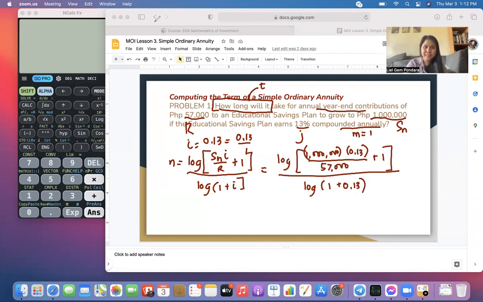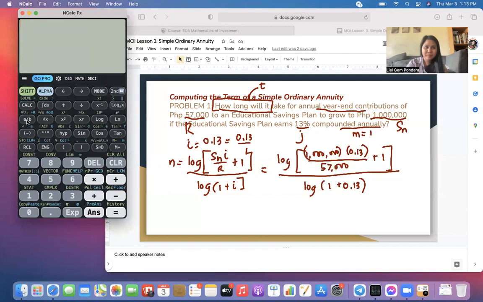Now let's use our calculator. That will be log on top and another fraction: log of 1 million times 0.13 over 57,000 plus 1, over log of 1 plus 0.13. If you will see, the value of our n is 9.72.